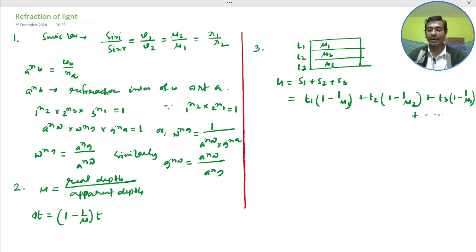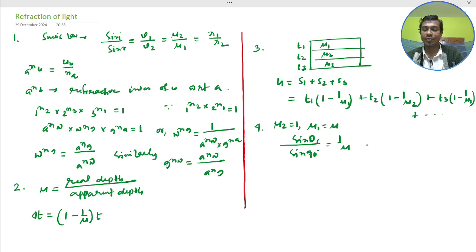Next one, the critical angle. Basically mu2 is 1 and mu1 is mu. So sine theta c, by Snell's law with sine 90 degrees, is equal to 1 by mu, so the critical angle theta c would become sine inverse of 1 by mu.